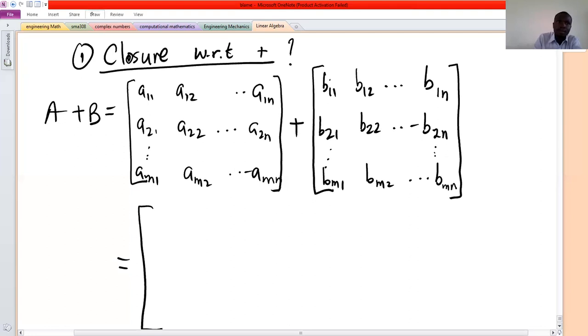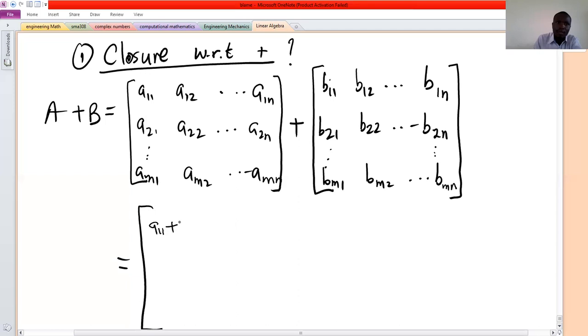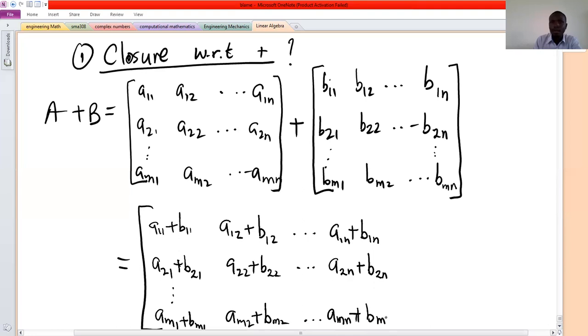So the sum here will be A11 added to B11, A12 added to B12, A1n added to B1n, A21 added to B21, A22 added to B22, A2n added to B2n, and then Am1 added to Bm1, Am2 added to Bm2, all the way up to Amn added to Bmn.